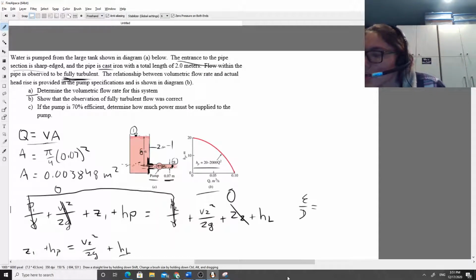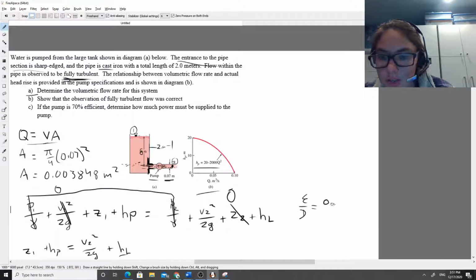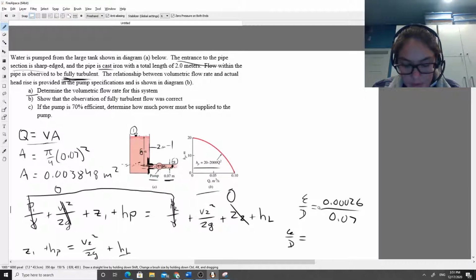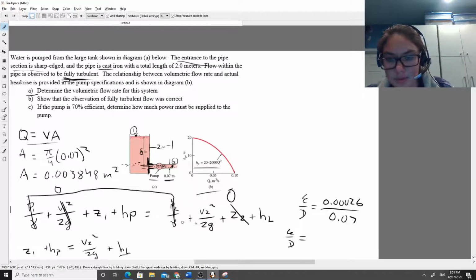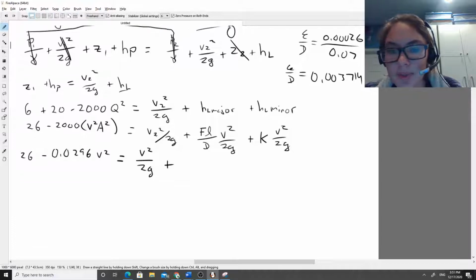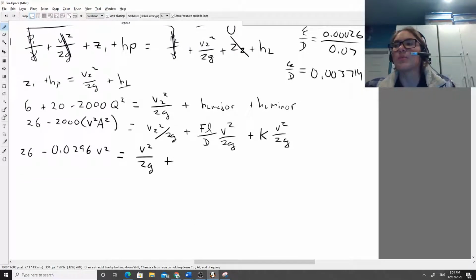Where your roughness is going to be equal to 0.00026, and of course the diameter of your pipe is just equal to 0.07, so this whole thing is going to be equal to, 0.00026 divided by 0.07 is going to be equal to 0.003714. Okay, perfect.